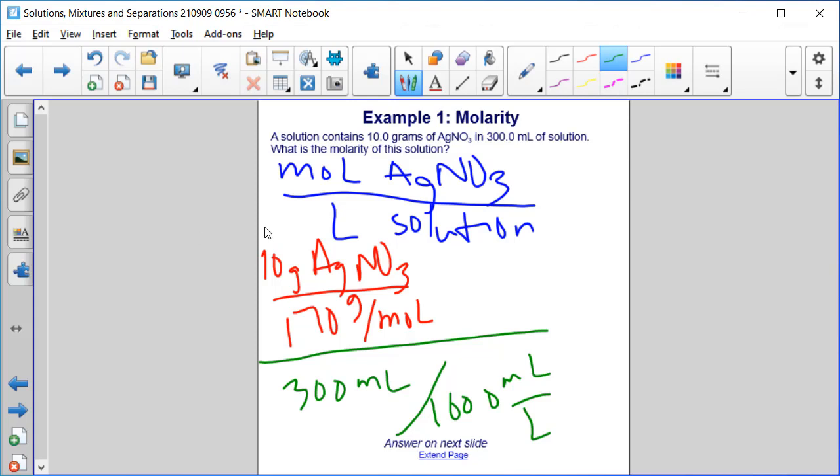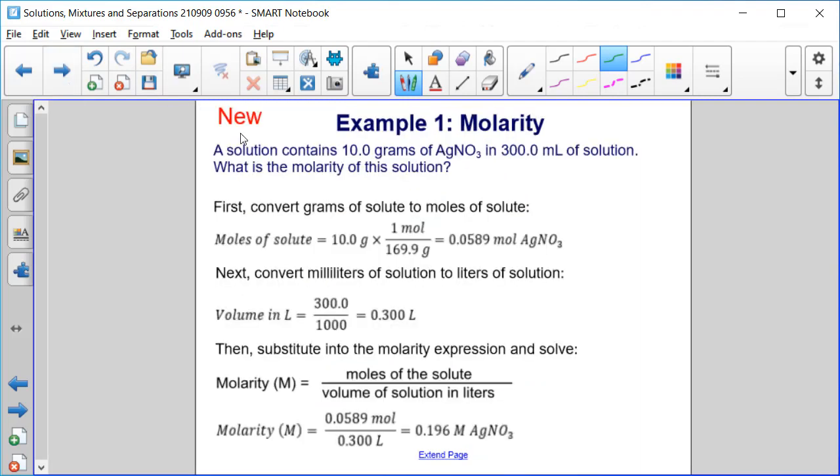Okay, so 10 divided by 170 on the top and 300 divided by 1000 on the bottom. That would be 0.3. Okay, so I'm going to go ahead and go forward to the next slide and you can see the math done. So there's 10 divided by that approximately 170, so 0.0589 moles, and then 300 divided by 1000, 0.3 liters.